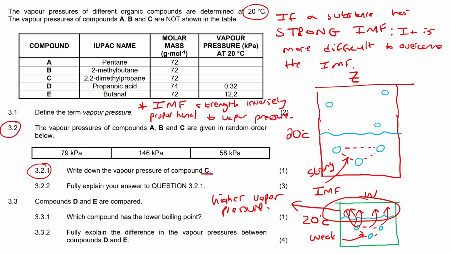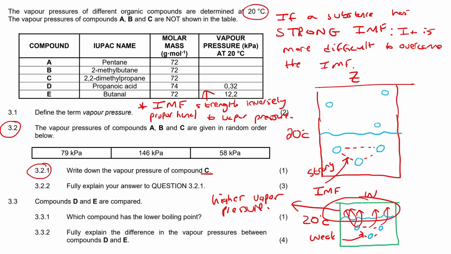What that means is that when the intermolecular force strength is very high, like in this situation over here, then the vapor pressure will be very low because fewer molecules are able to go into the gas phase. Conversely, when the intermolecular forces are very weak, like over here, then the vapor pressure will be very high. So you see how they are inversely related.